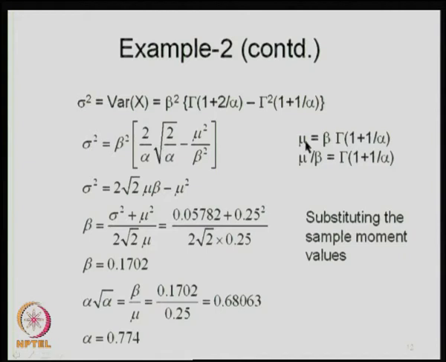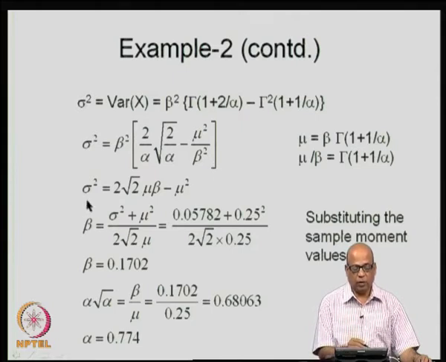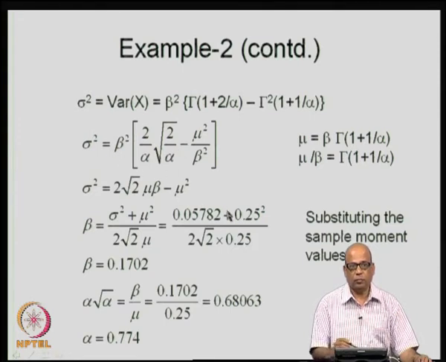Recall that mu is equal to beta into the gamma function of 1 plus 1 by alpha. So, mu by beta is the gamma function of 1 plus 1 by alpha, and therefore the gamma square 1 plus 1 by alpha is mu square by beta square, and from there you get sigma square is equal to 2 root 2 mu beta minus mu square.